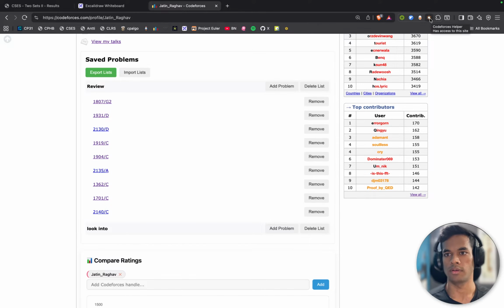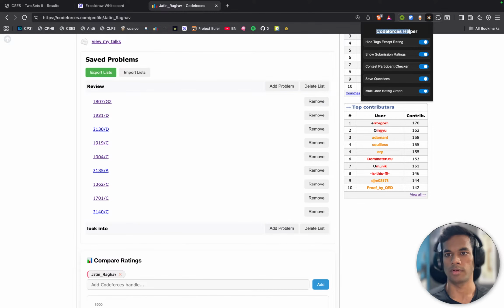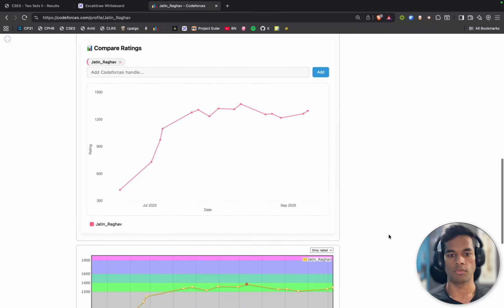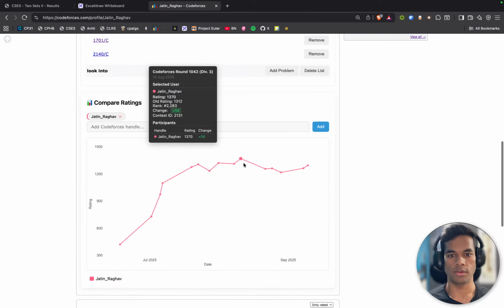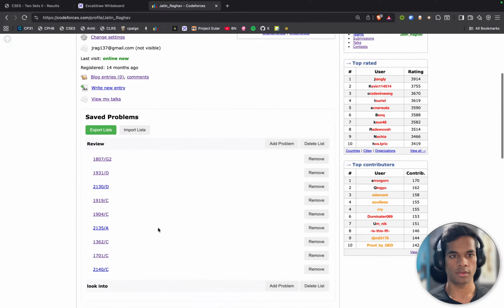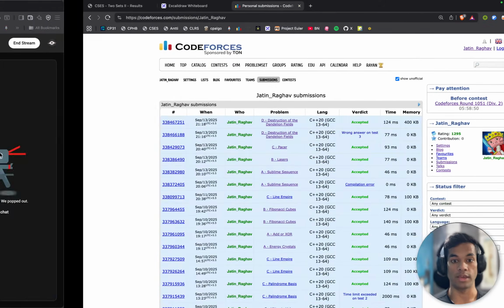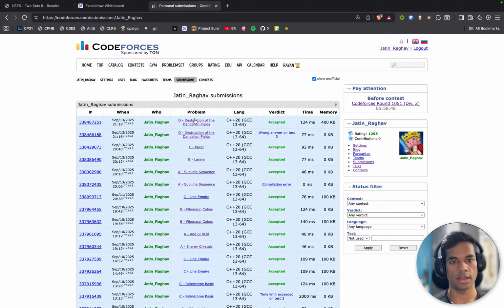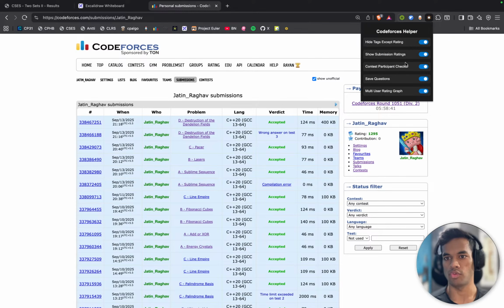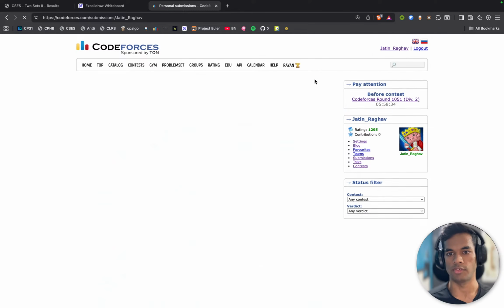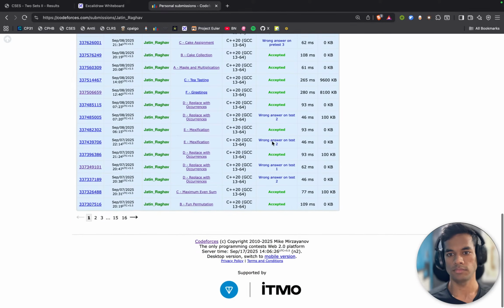This one, Codeforces Helper, for rating of questions. Wait, don't you get rating? If I go to some submission, yes, today is a contest, and I should have a column right here which shows me the ratings. Doesn't work. Isn't working right now.